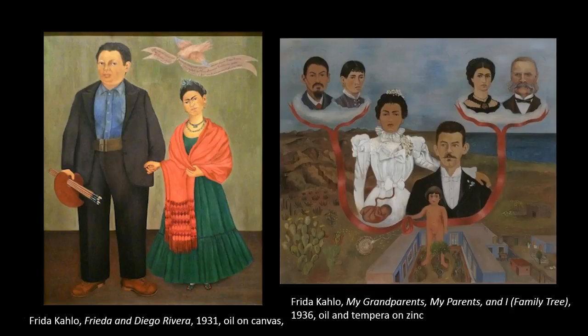In the family tree portrait on the right, Frida Kahlo, My Grandparents, My Parents, and I, a lot of her female relatives wear non-indigenous clothing. Here she's wearing more of a Victorian-style dress, and the men are adorned in tuxedos.